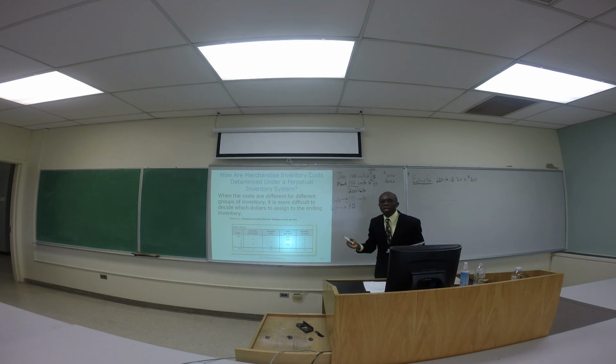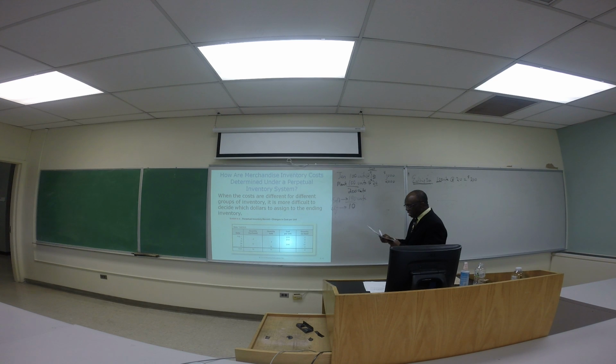So the assumption here is first in, first out. What does that mean? Meaning the first one that we started with were sold first. Therefore, the 10 units left came from the last batch.